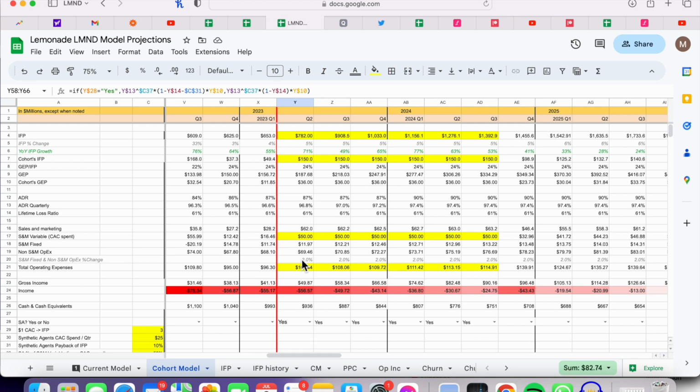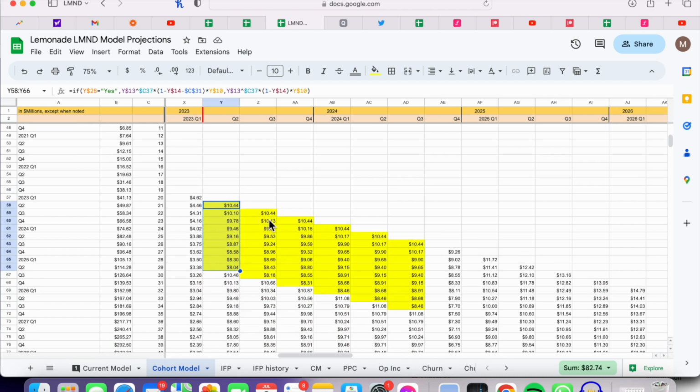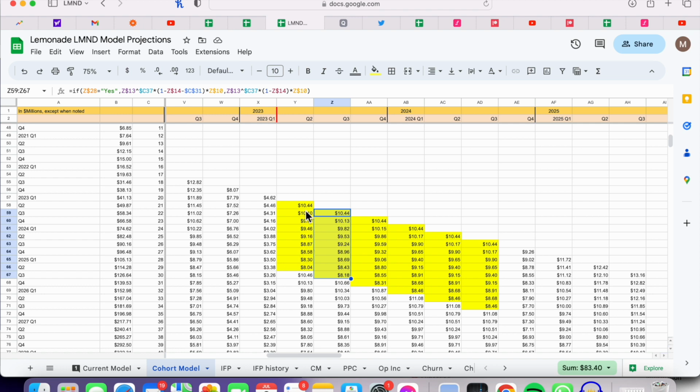So that's what I'm going with, and that turns that on here where it changes the math, where you're receiving less premium. These actually are spiking up.